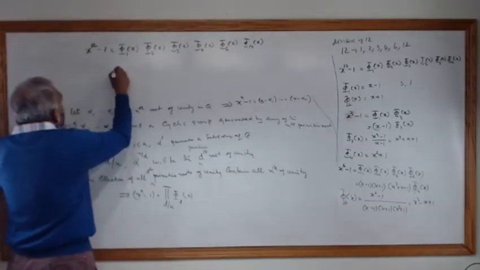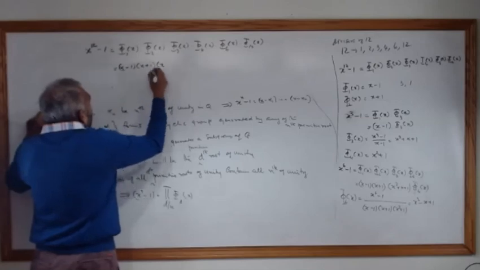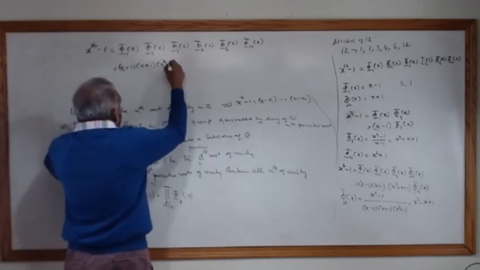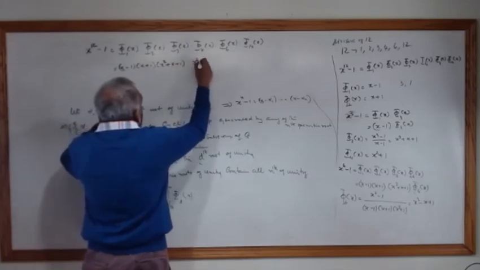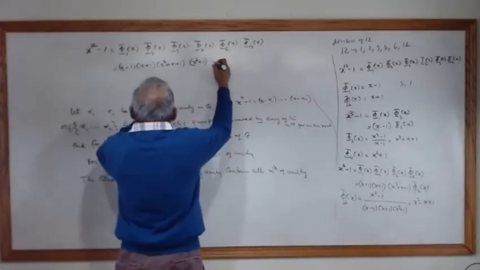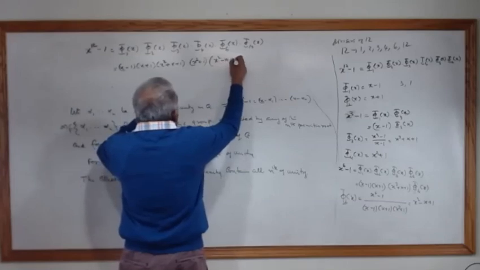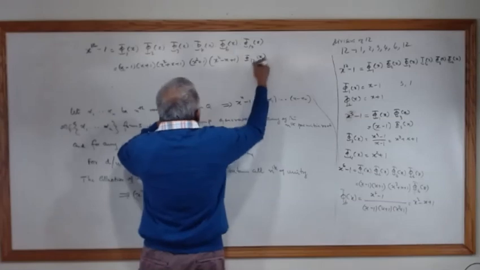And this is x minus 1, x plus 1, x square plus x plus 1, x square plus 1, x square minus x plus 1, and this is phi 12 of x.